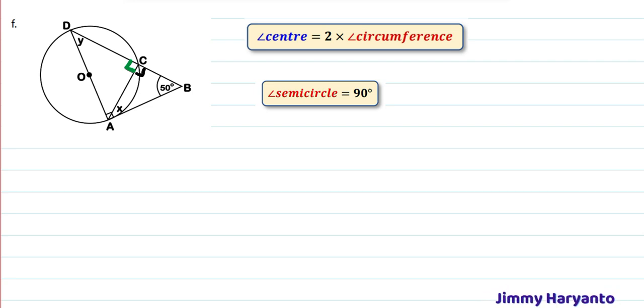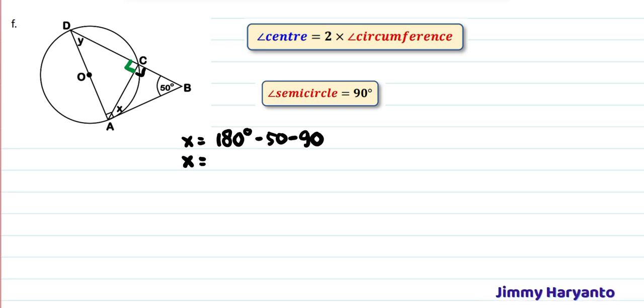If that one is 90 degrees, that means this one is also 90 degrees. That means to find the value of x, you only have to subtract 50 and 90 from 180, since the sum of angles in a triangle is 180 degrees. So the answer will be 40. If this one is 40, that means this one is 90 minus 40.